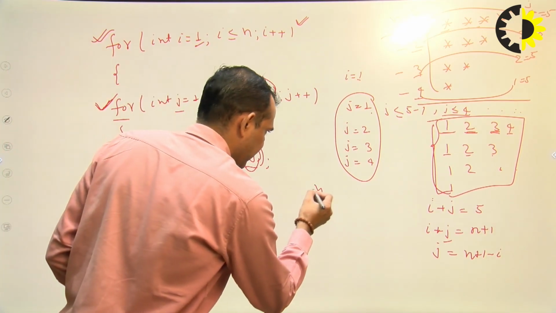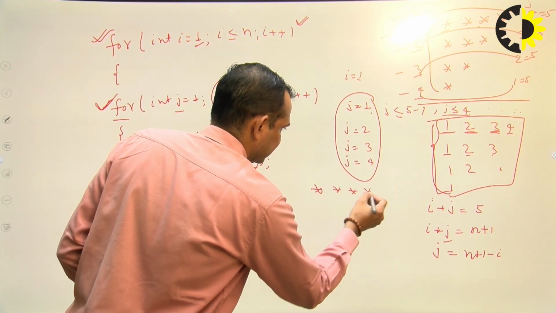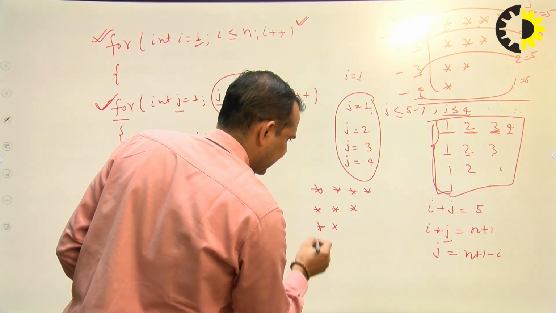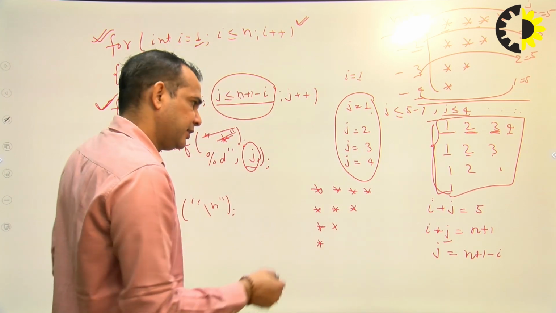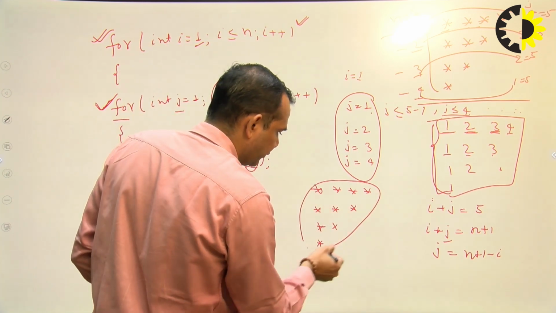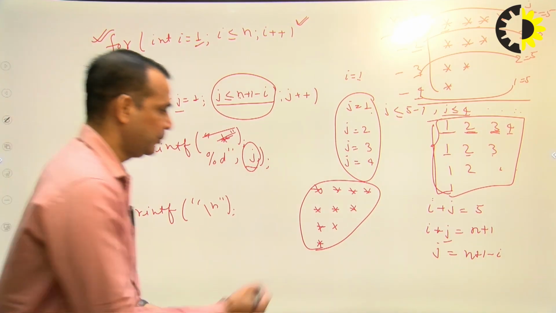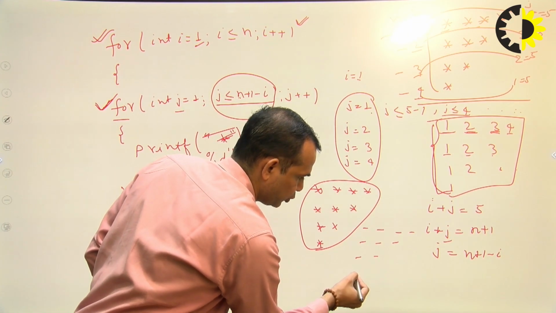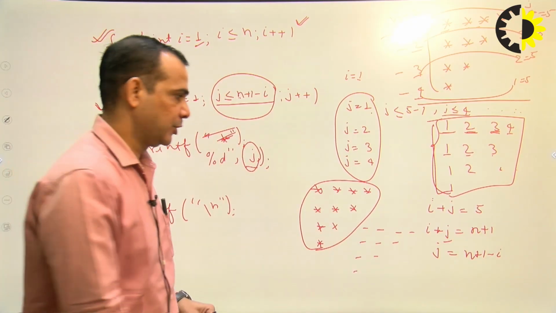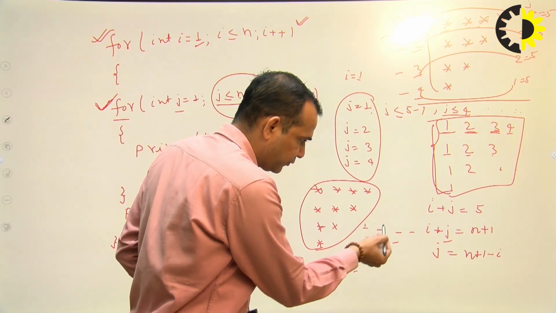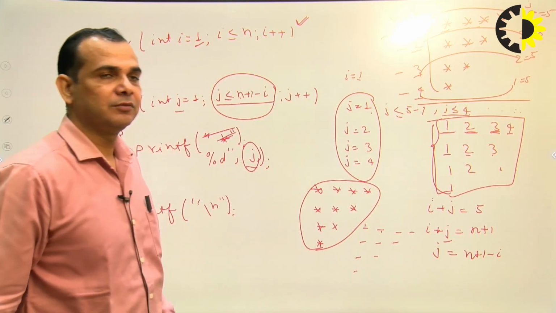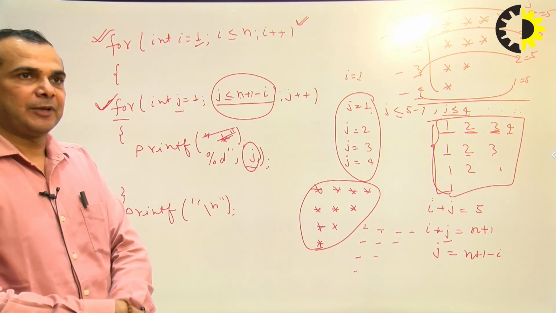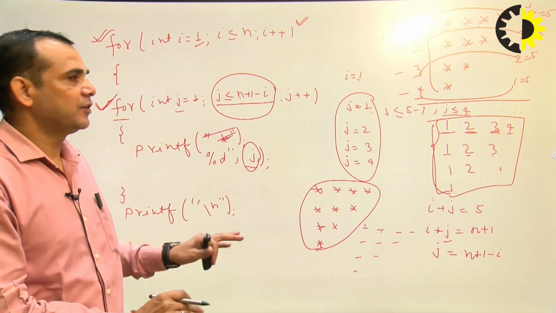For the first line it will execute 4 times, in the second line 3 times, the third line 2 times, and the fourth line 1 time. After that we have to find out what to print in this place. So we find out how to apply the loops, and we cannot touch the values of the loops.